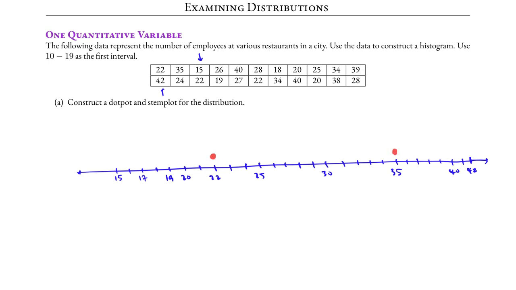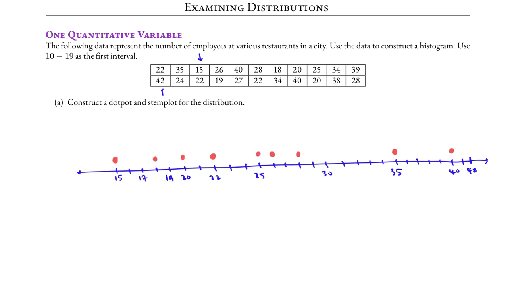The next number is 15. The next one is 26. The next one is 40. The next one is 28. And then 18, and then 20.